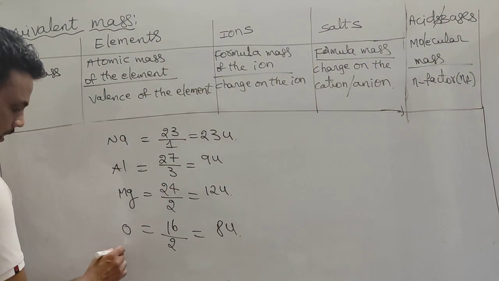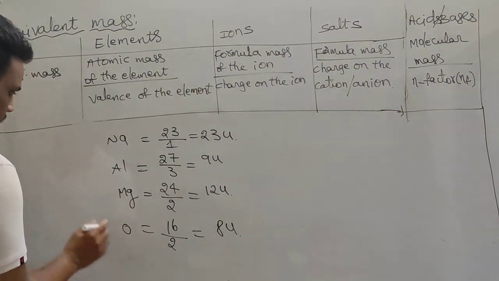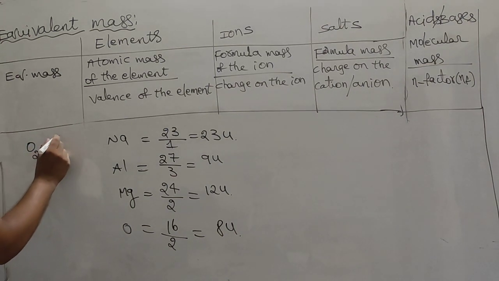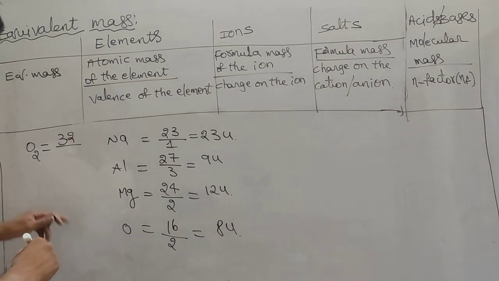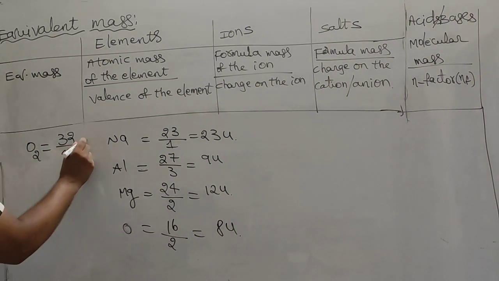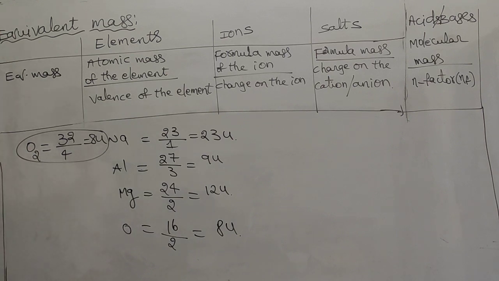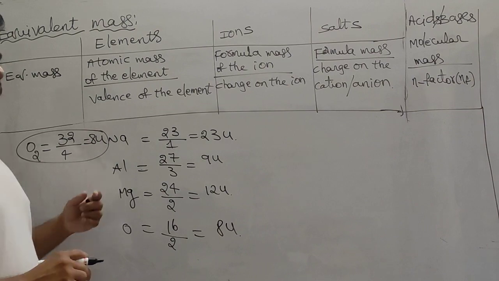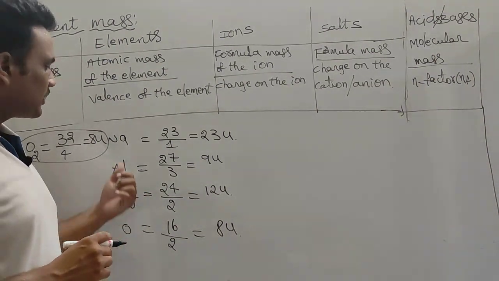Oxygen molecule also has 8 units: the molecule is 32, upon the valence of single oxygen which is 2, so two oxygens have valence 4, again 8 units. So this is the actual calculation of equivalent mass. The equivalent mass of an atom or its homoatomic molecule must be the same.